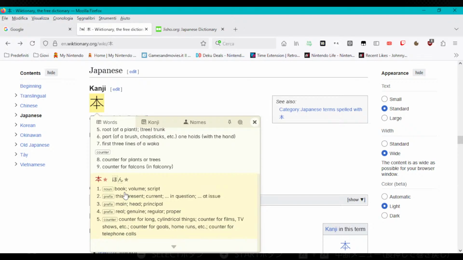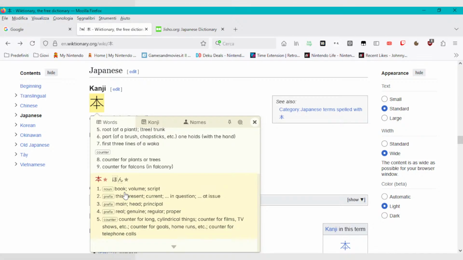This is the most basic word for a book. Then there are other ones, but when you want to use it on its own, it's usually this one. Hon, as we have seen also in our writing.